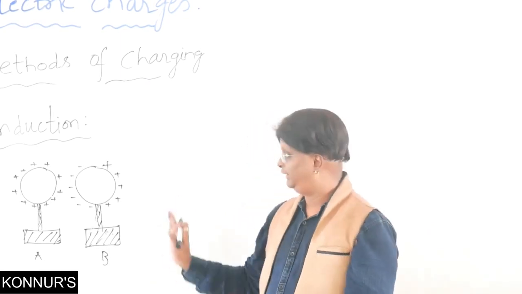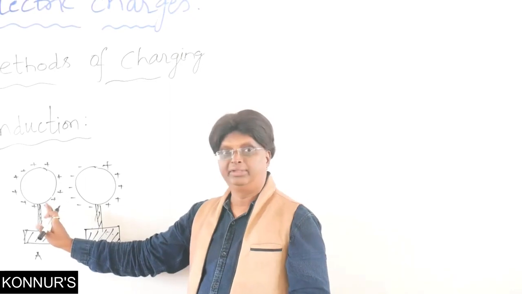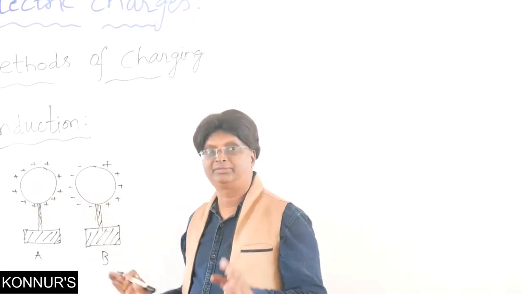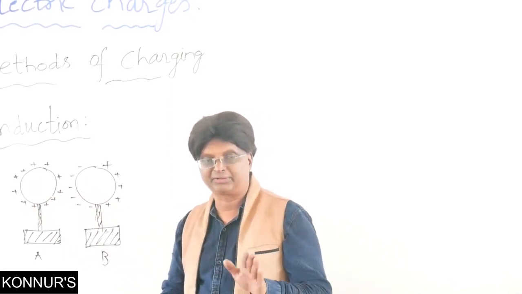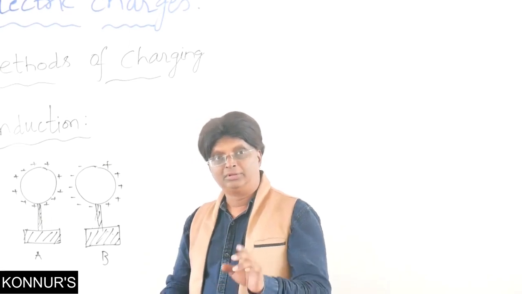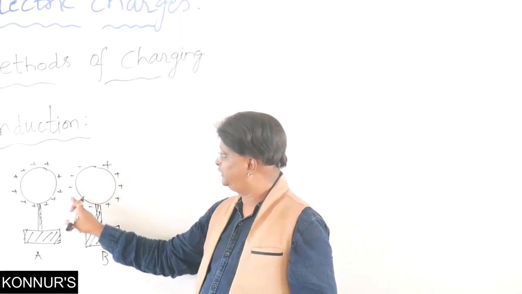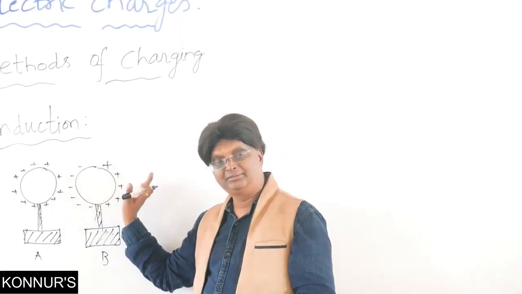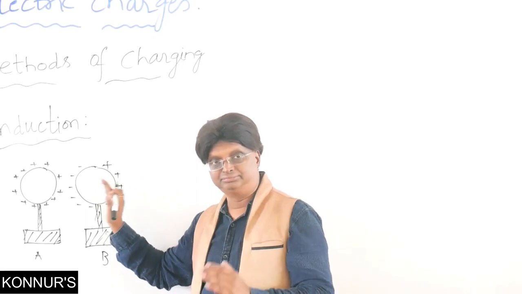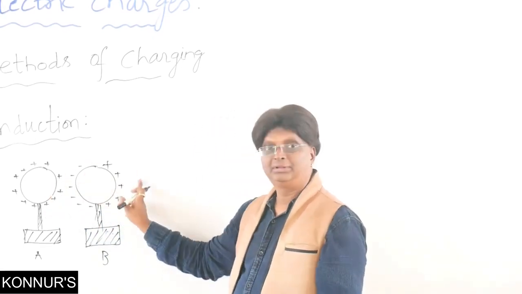In our earlier discussion, you remember, A was charged and B was uncharged to begin with. Now, due to this phenomenon of induction, B is acquiring a negative charge on the nearer side and a like charge on the farther side, right? Unlike charge nearer, like charge farther.